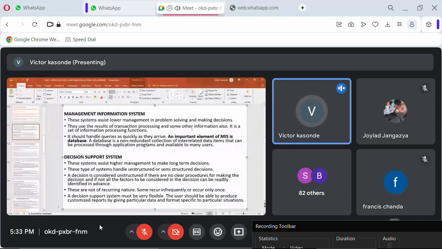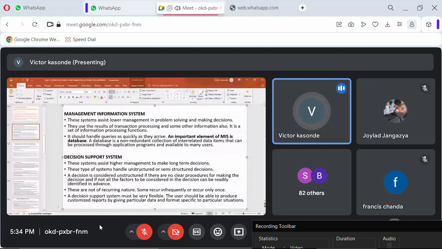You draw those conclusions from the transactions. That's why we are saying this system assists lower management in problem solving and making decisions. They use results from transaction processing and some other information also. It is a set of information processing functions.